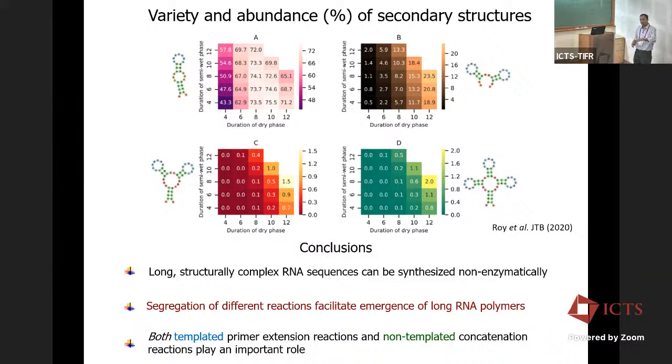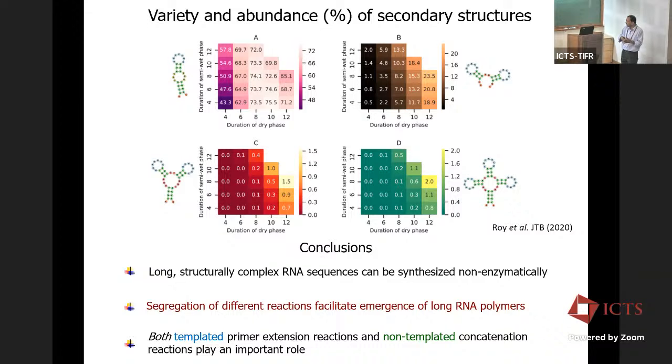So the conclusion of the first part of the talk is that long structurally complex RNA sequences can indeed be produced through non-enzymatic reactions, but you need favorable environmental conditions like environmental cycling between hot and dry, semi-dry, and wet phases.